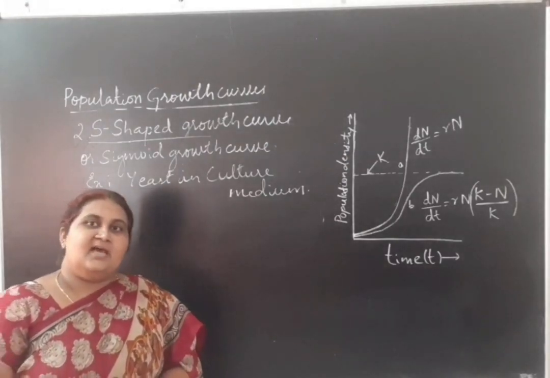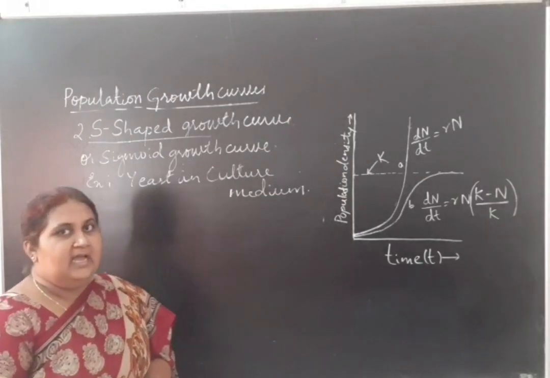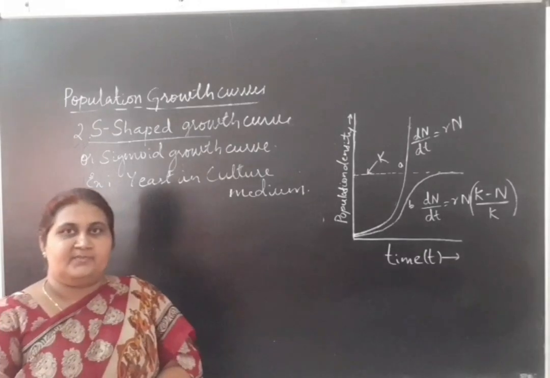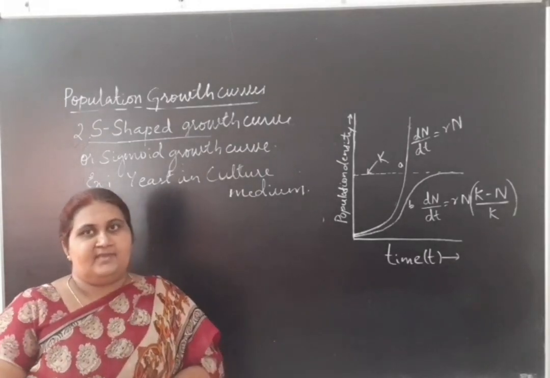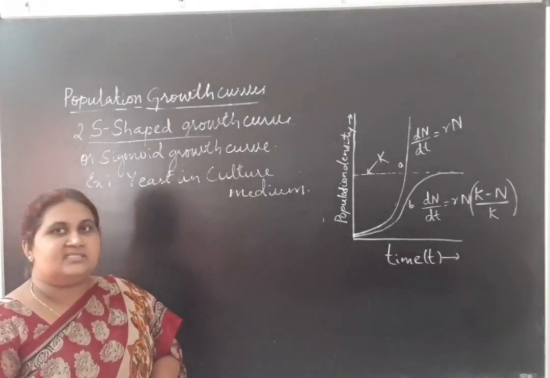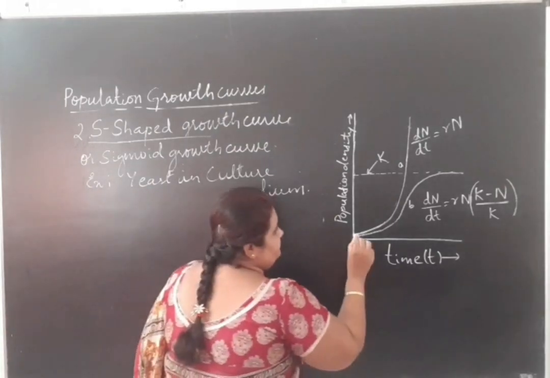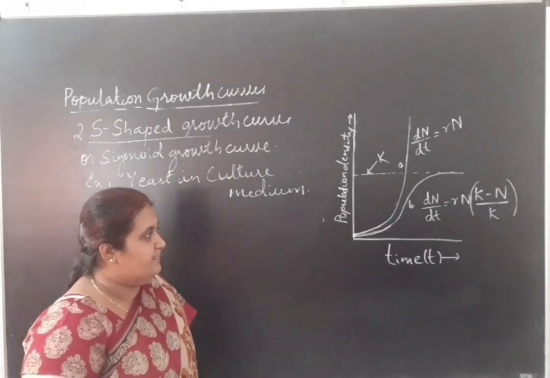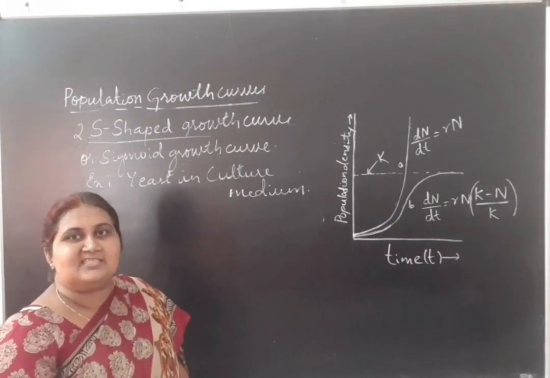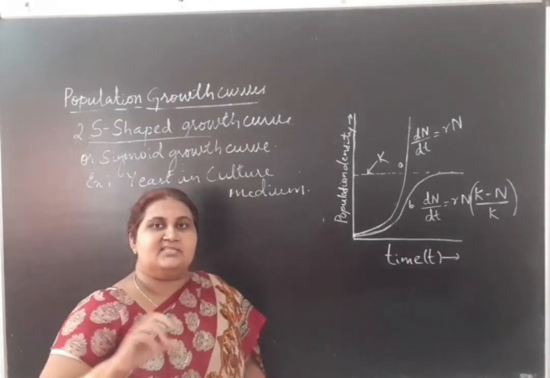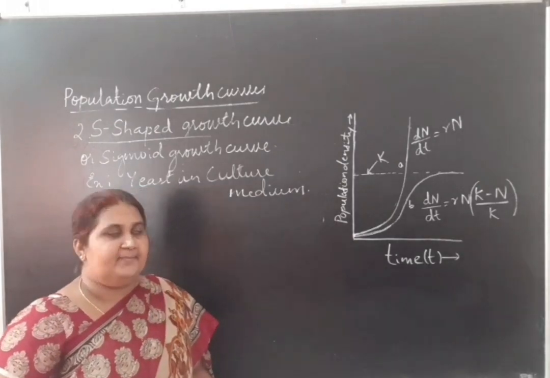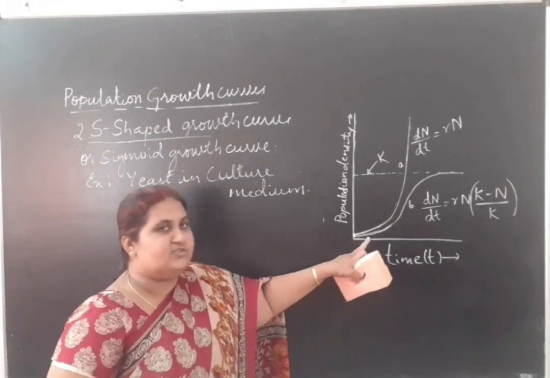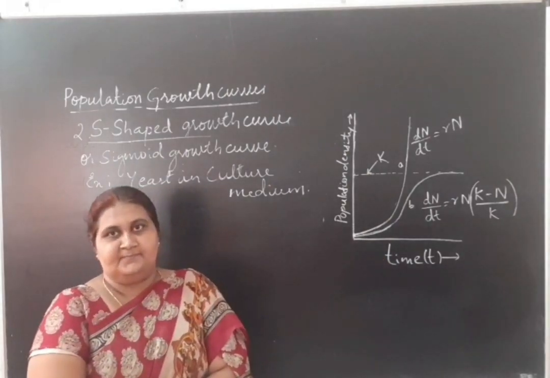So resources are limited, and in the sigmoid growth curve we can find three phases. First is the lag phase, where the individuals take time to adjust to their environment, and there might be an increase or no increase in the size of population.